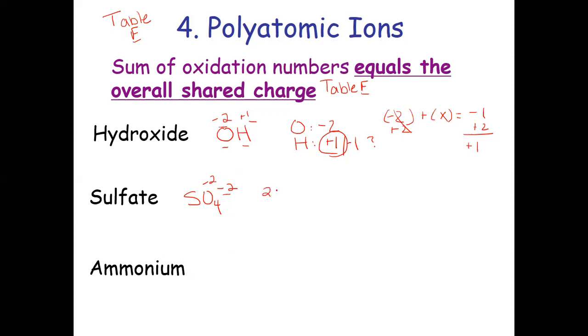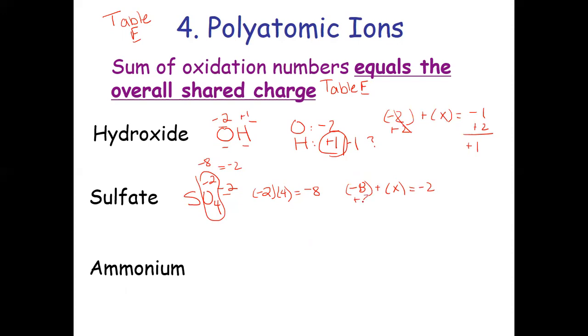So I have a -2 for the oxygen, and I've got 4 of those oxygens. They each have a -2 charge. And that's going to be a total charge of -8 for the oxygen. This whole thing has to add up to -2. So then basically it's -8 plus what number equals a -2?